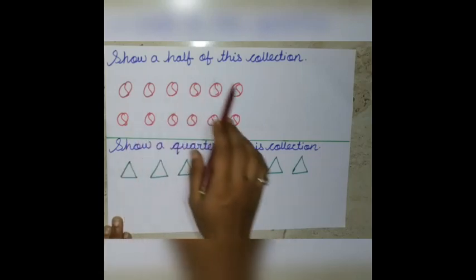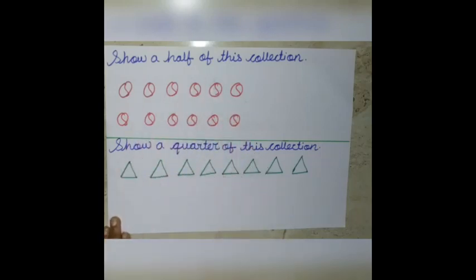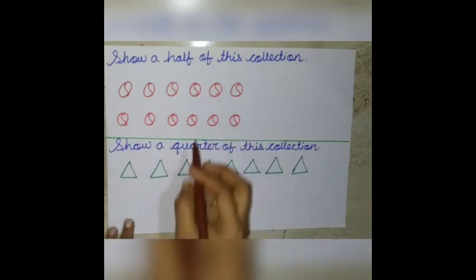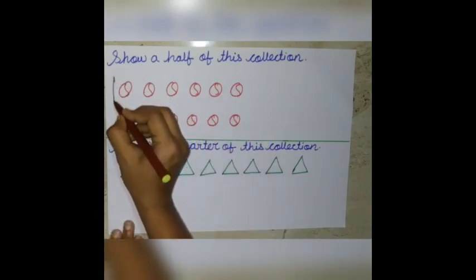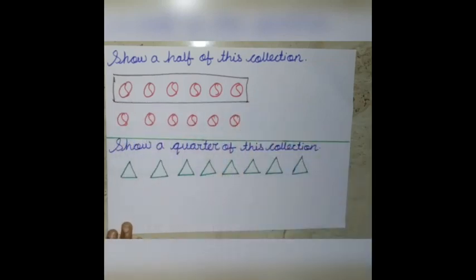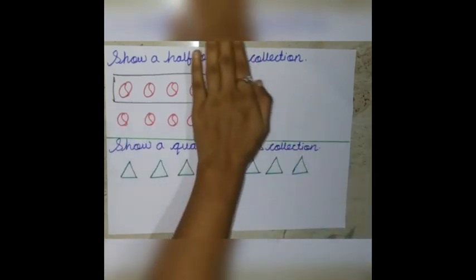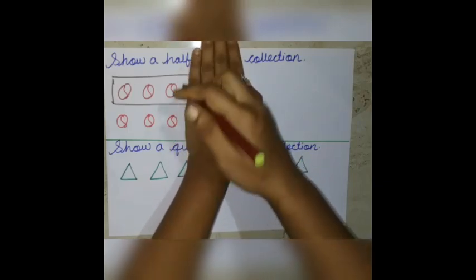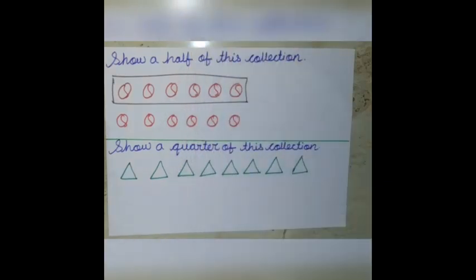Children, total 12 balls are there. Can you all tell me half of 12? Yes, half of 12 is 6. So we will separate half from this collection. Okay, students? Otherwise, you can draw a line here also.